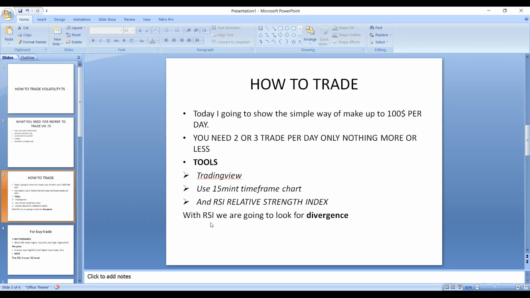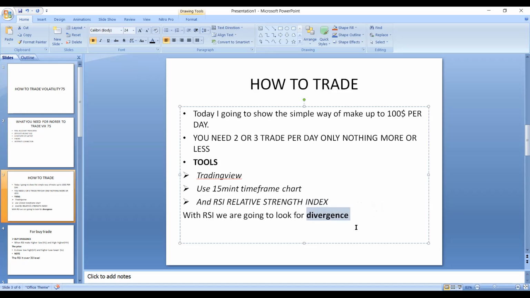On that RSI, we are going to look only for the divergence. Let me not give you too much complication in many words, so we are going straight to look at our setup for the buy setup. Mind, we are only looking for the divergence.